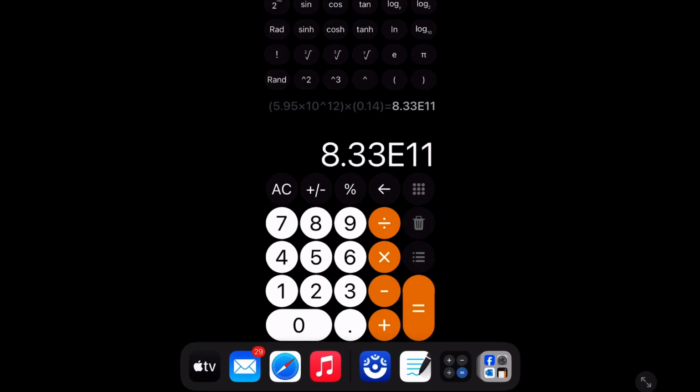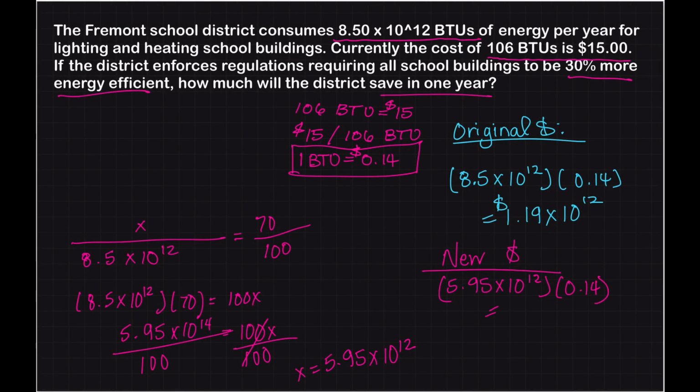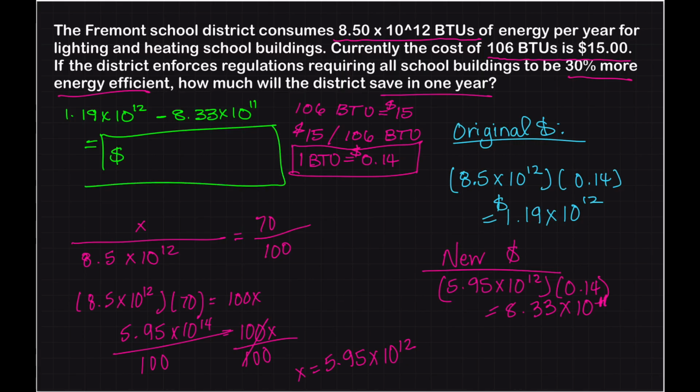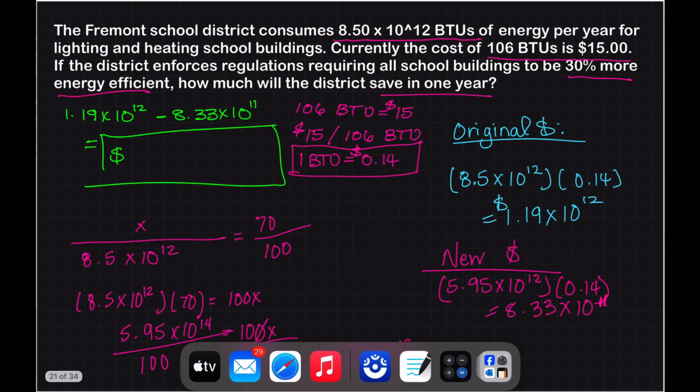Okay, so 8.33 times 10 to the 11th. Now we're going to take the difference between these two numbers. This one was the original number, so I'm going to do this 1.19 times 10 to the 12th minus 8.33 times 10 to the 11th from it, and whatever answer I get, that's going to be how much we save. Okay, and it's going to be a weird looking number.